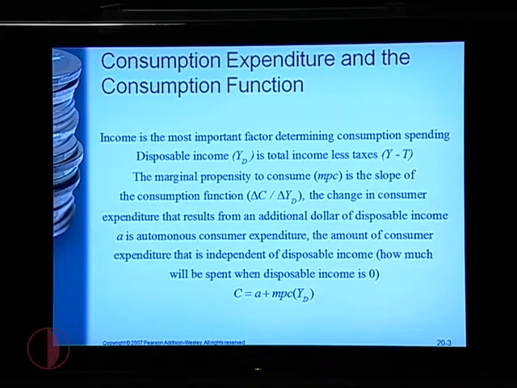Autonomous spending is that part of consumer expenditure that does not depend on disposable income, given by C equals A plus MPC times YD. That is, at zero income, some level of consumption has to take place.